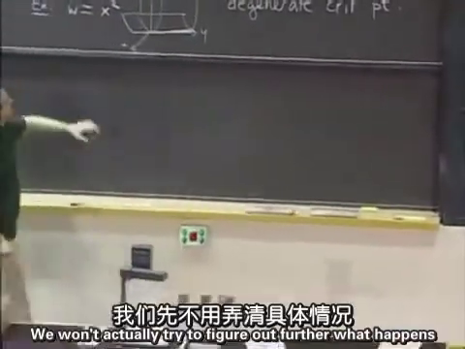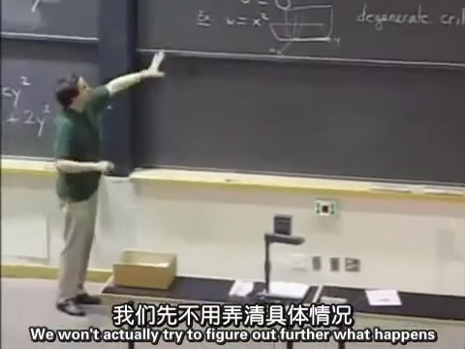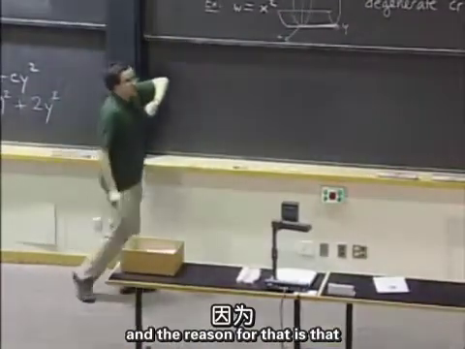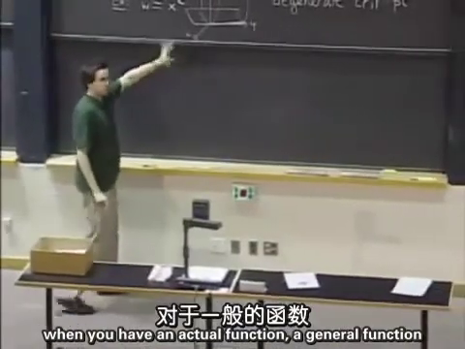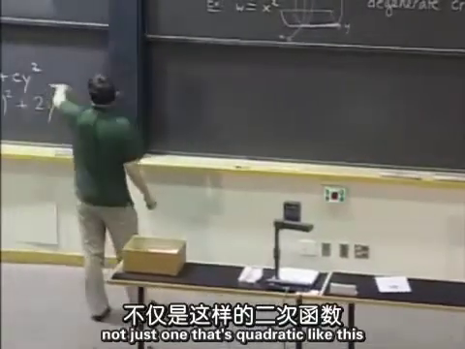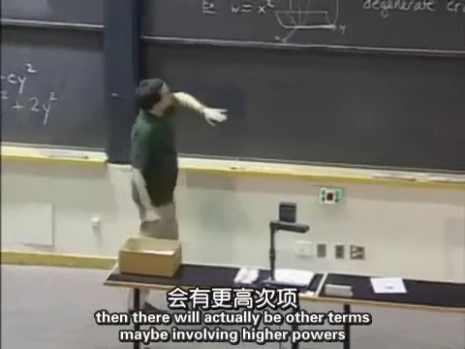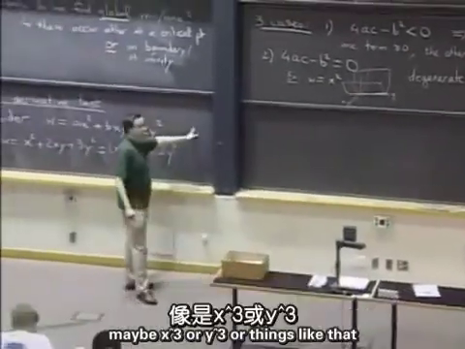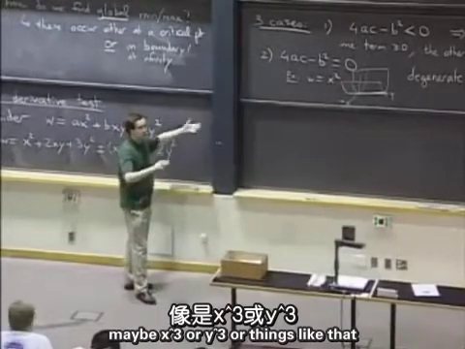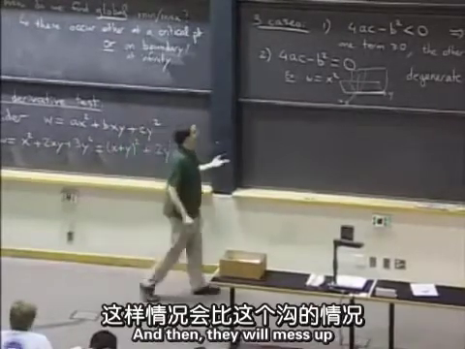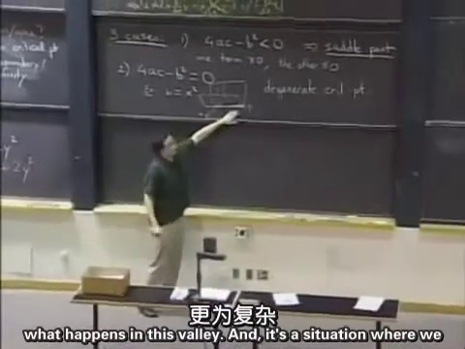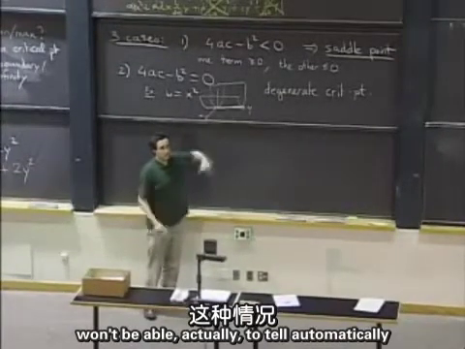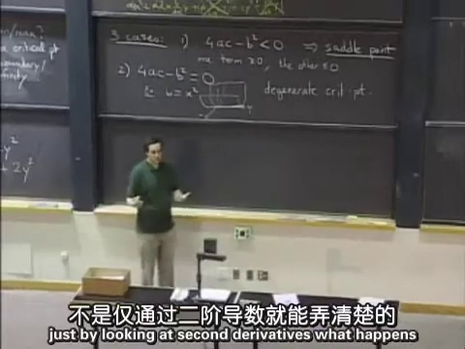We won't try to figure out further what happens, and the reason is that when you have an actual general function, not just one that's quadratic like this, there will be other terms, maybe involving higher powers, maybe x cubed or y cubed. And then they will mess up what happens in this valley. We won't be able to tell automatically, just by looking at second derivatives, what happens.